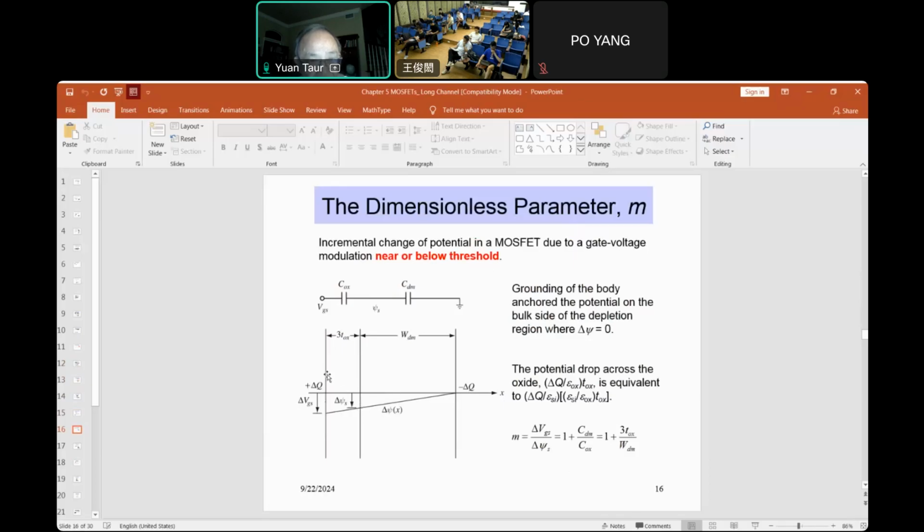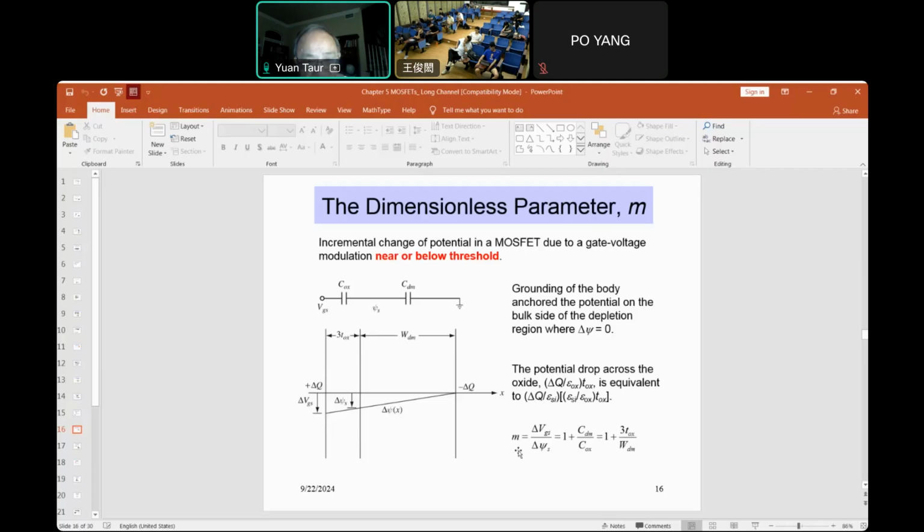In other words, for a given change of gate voltage, the change of surface potential is somewhat less than VGS. So we can express the ratio between delta VGS and delta psi S as the ratio of WDM plus 3 TOX divided by WDM.